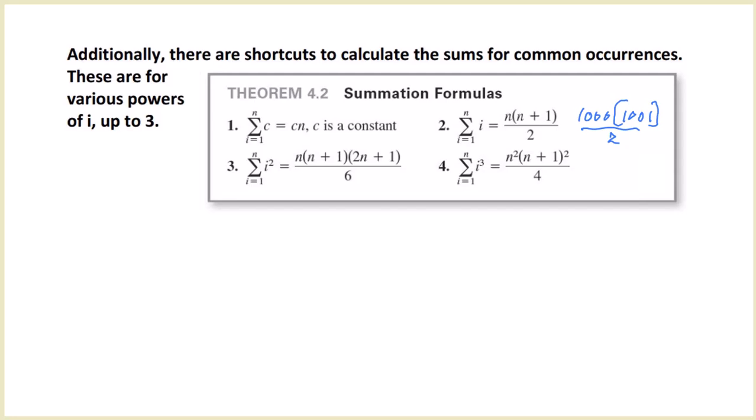Divided by 2, so there's going to be over 500,000 of those things. i squared, look at that thing. n times n plus 1 times 2n plus 1. I'm understanding. Okay. These are shortcuts. Yeah. These are lifesavers. Look at 4. That's dealing with i cubed. And notice the relationship of 4 to 2.